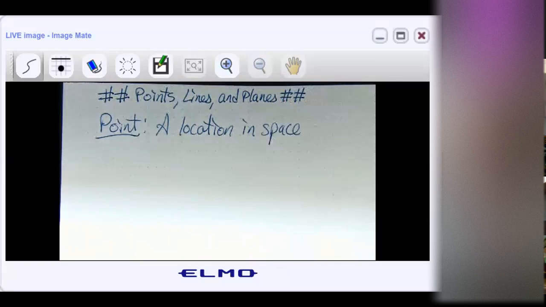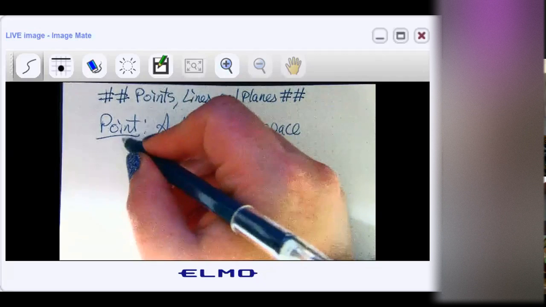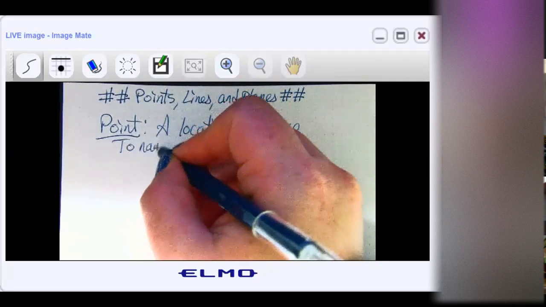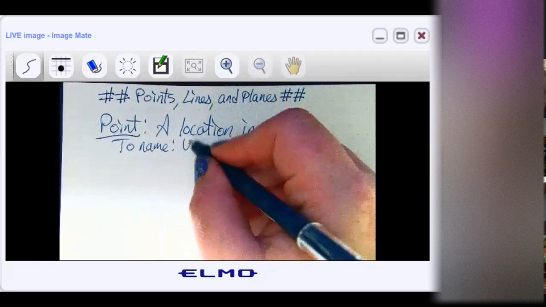So points do not have any dimension. They don't have a width or a length or a height. It's just one tiny little spot. So you could think about the tip of your pen or pencil as a point. So to name a point, the convention is to use just a single capital letter.